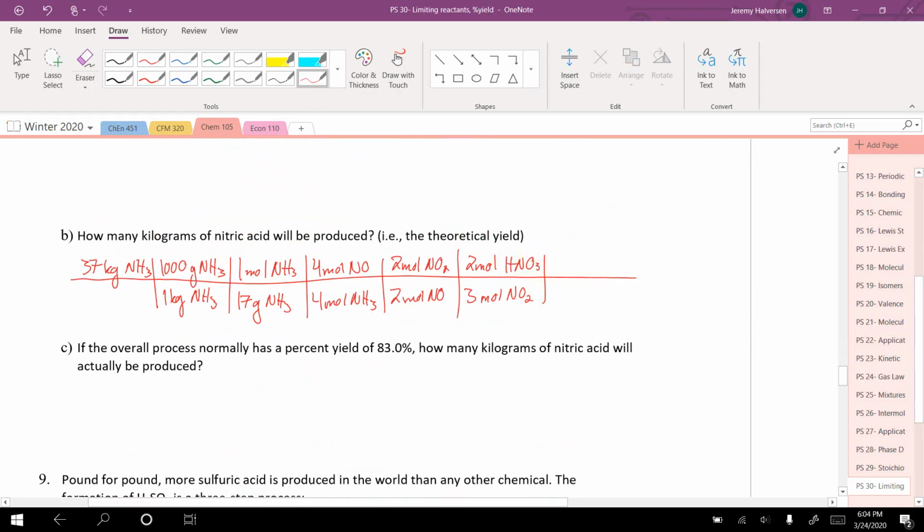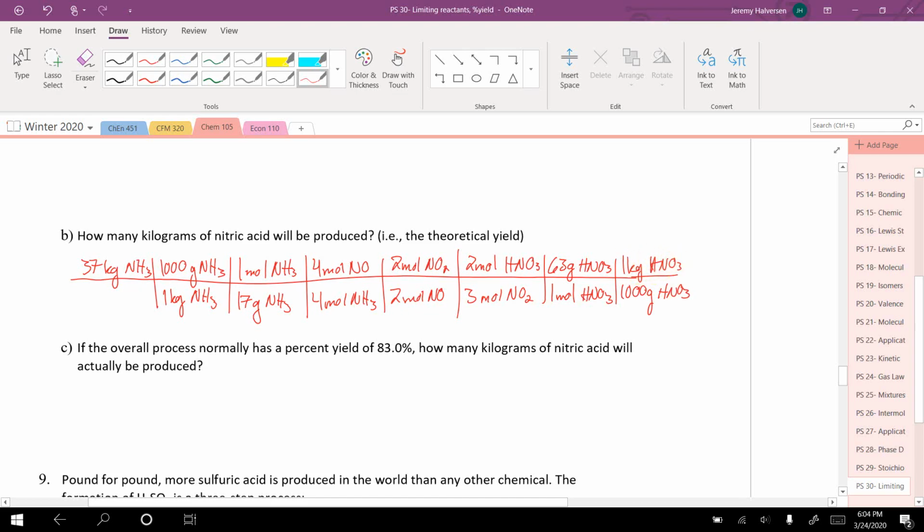And now I got to get that out to kilograms. HNO3 is 63. And then of course there's 1,000 grams in 1 kilogram.